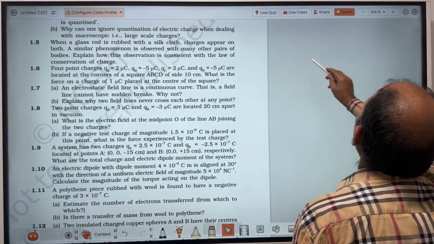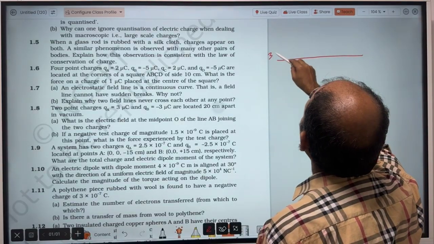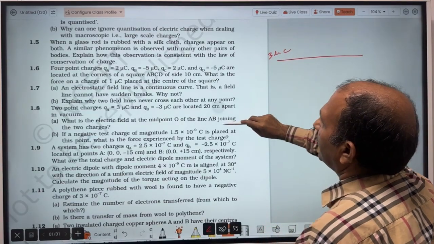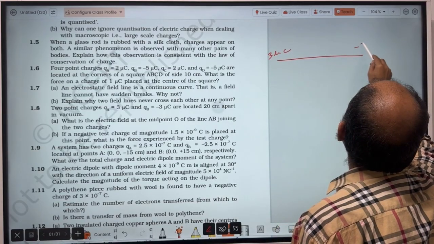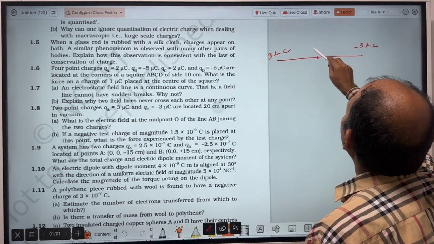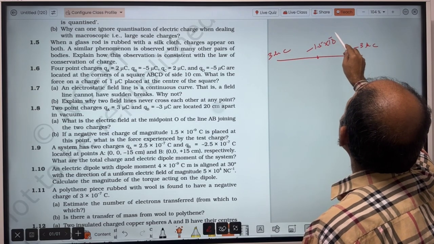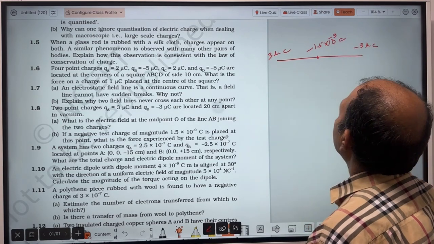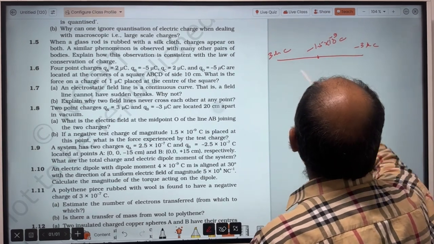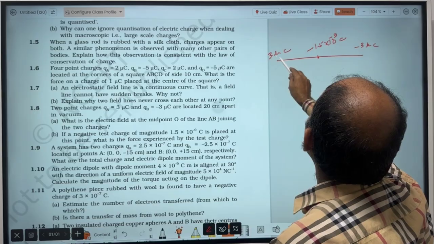Suppose we take this as 3 microcoulomb and another as minus 3 microcoulomb, and this is the midpoint where the negative 1.5 into 10 to the power minus 9 coulomb charge is kept.